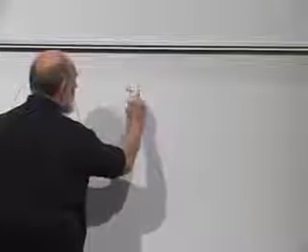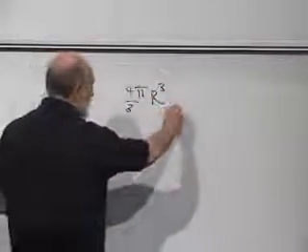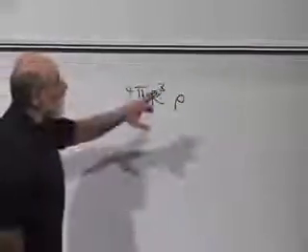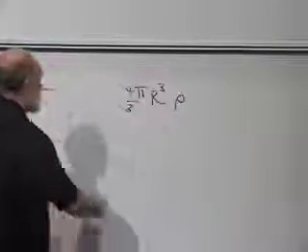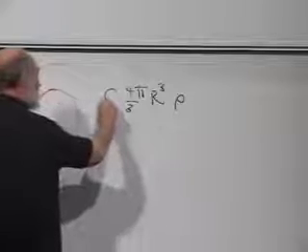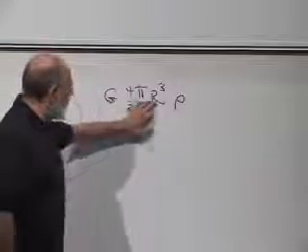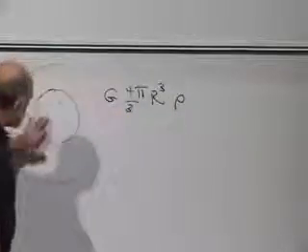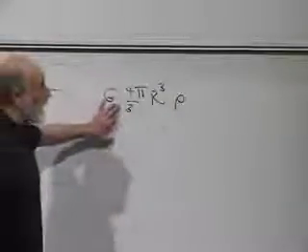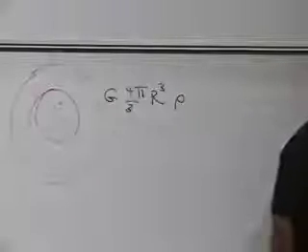All right, so one side of the equation is the mass within that sphere. That's 4/3 pi r cubed times the density rho. Well, we also have to throw in a G. So 4/3 pi r cubed times rho is the mass within that sphere, and we multiply it by G. That's one side of Gauss's equation.